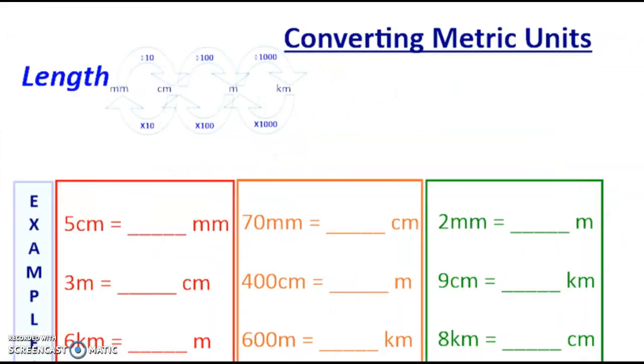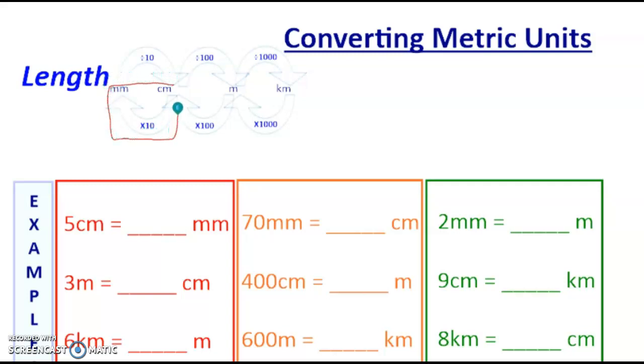So I've got 3 red, easy, 3 orange, medium, and 3 green, a bit tricky. Let's have a look at what we've got. My red ones, first of all, 5 centimetres. So to start with, if I use my red pen to help us, I'm converting from centimetres to millimetres. So I'm going to use this part of the conversion arrows.